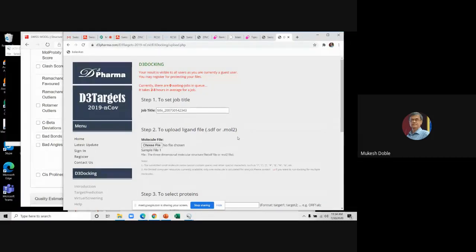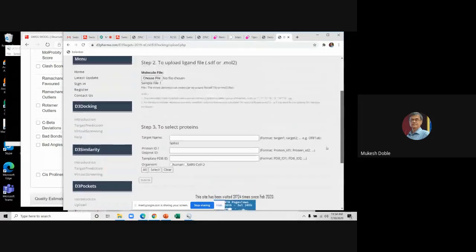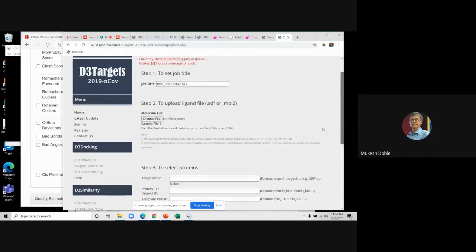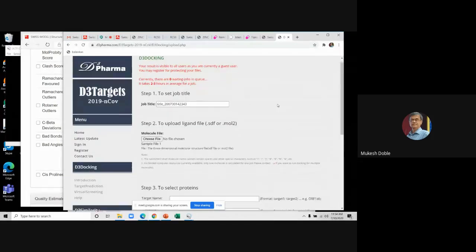So it's got many COVID targets, and then it may try to bind to them. We can upload the ligands in SDF file or MOL2 format, but it will take a much longer time to do.